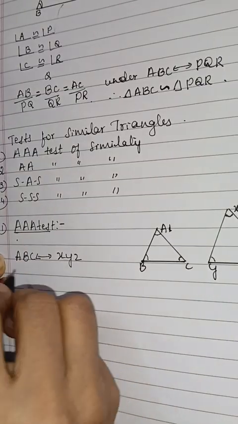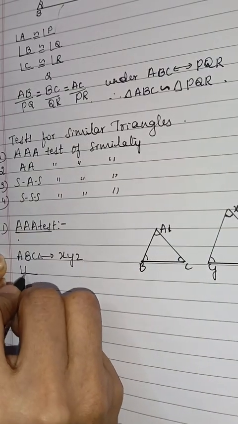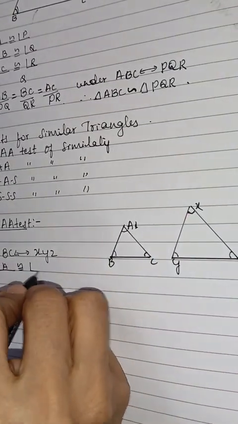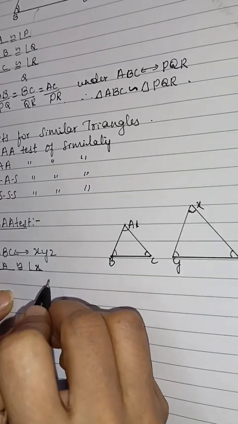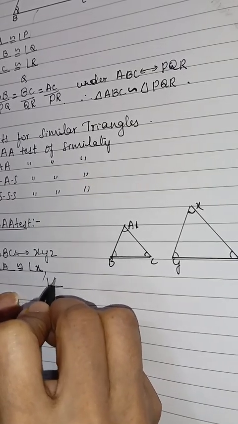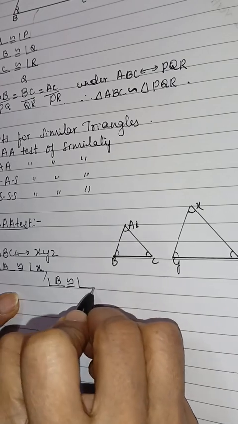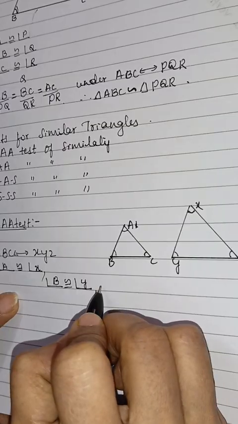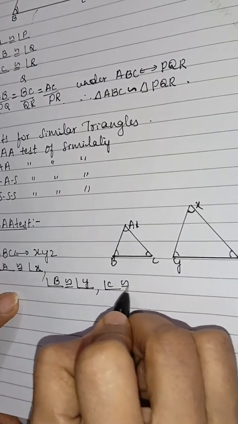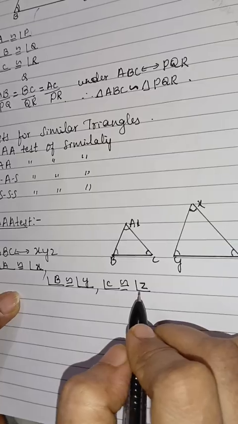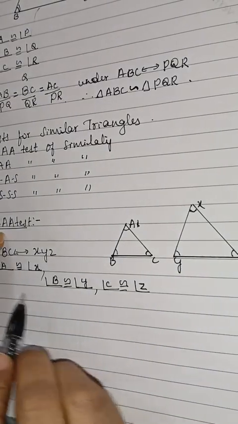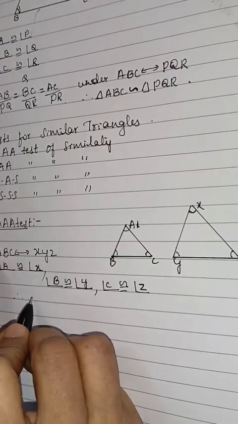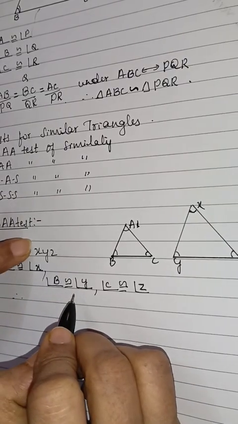So therefore angle A is congruent with angle X, angle B is congruent with angle Y, and angle C is congruent with angle Z. So this is under the condition of ABC corresponding with XYZ.